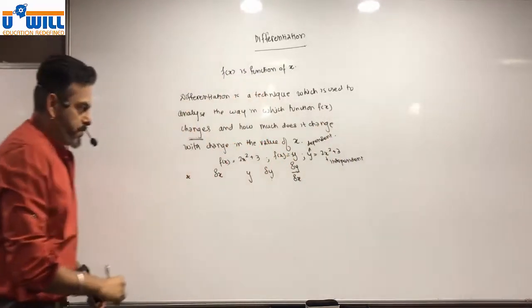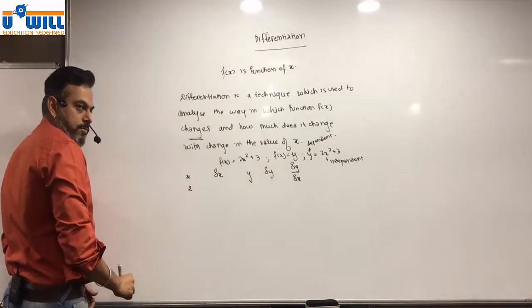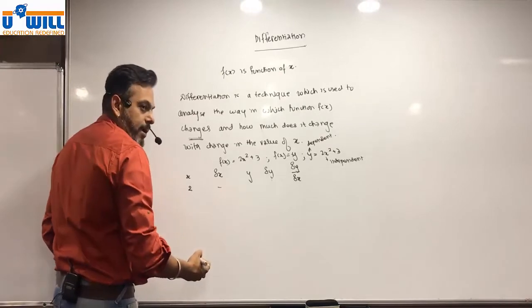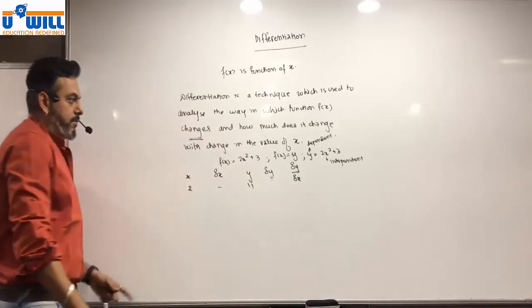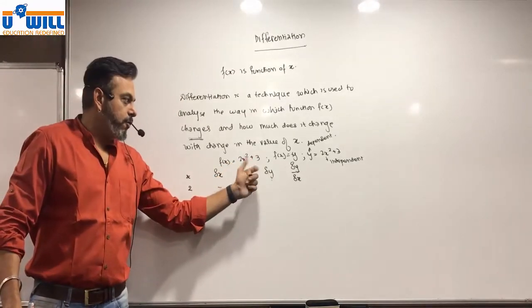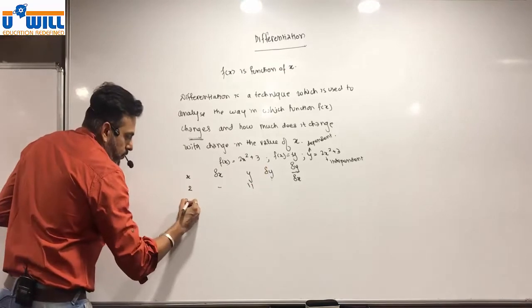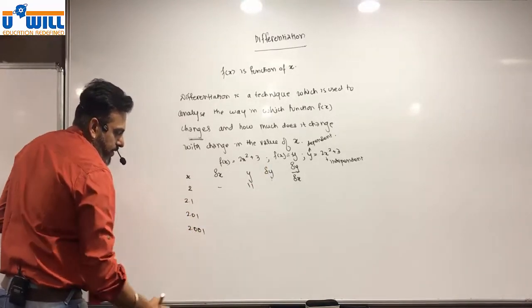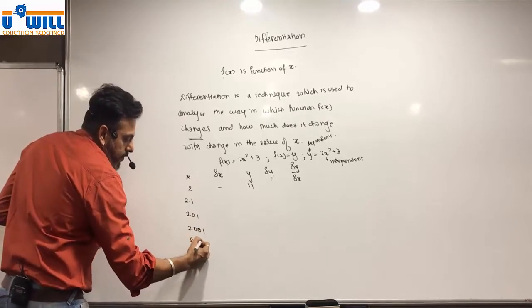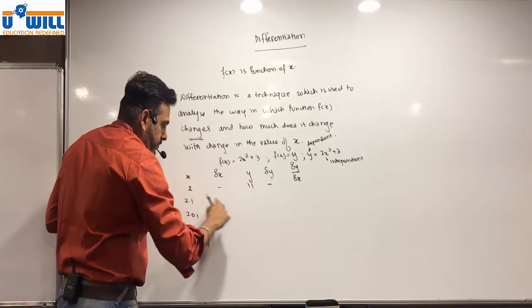Okay. Now, if we take x is equal to 2, no change right now, y will be equal to 11. 2 square 4 into 2, 8 plus 3, 11. Now 2.1, 2.01, 2.001 and 2.0001. Here also no change.